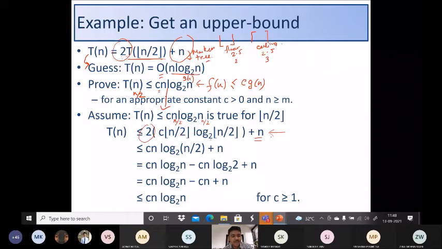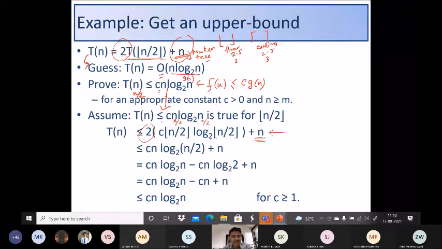So I am repeating this. It should be c·n log₂ n. So in each and every n, put n/2. So you will get c·(n/2) log₂(n/2) + n. See here n. So here n will come.